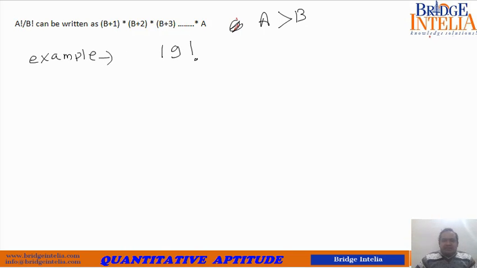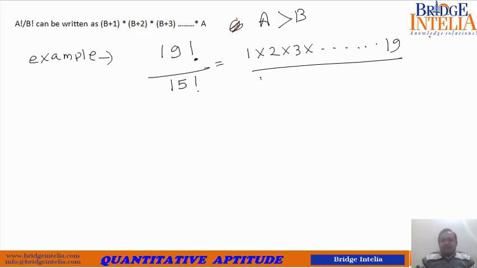19 factorial by, let's say, 15 factorial. If you see carefully, 19 factorial means the product of 1, 2, 3 up till 19. Similarly, 15 factorial will be the product of natural numbers up till 15. If you think in terms of cancellation, all these numbers would get cancelled by the numbers written above up till here.